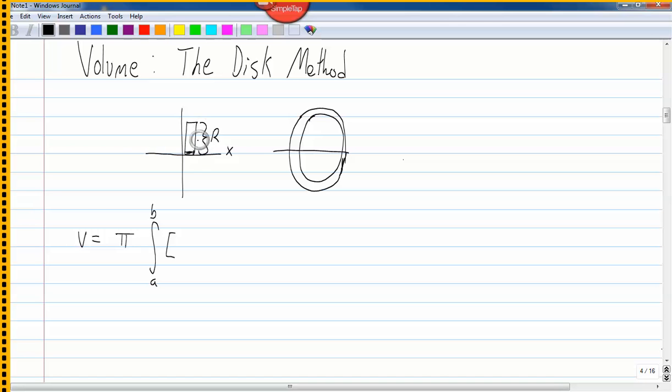But remember, that height makes that big solid figure. So it is whatever that radius is, squared, dx.